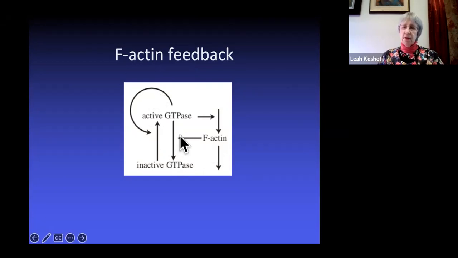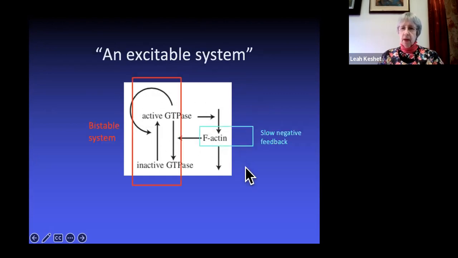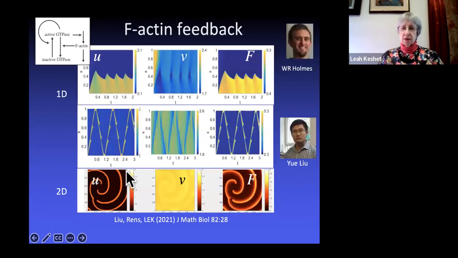So there's negative feedback added to the model. You can think of this as slow negative feedback working on an inherently bistable system. And that's really why we're going to be able to see excitable behavior.